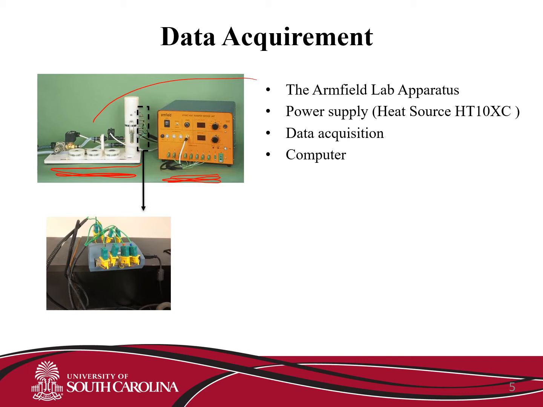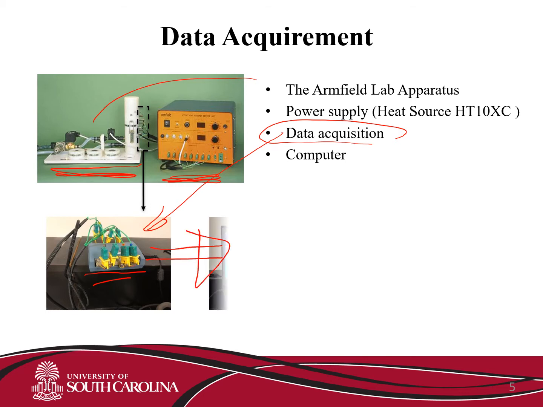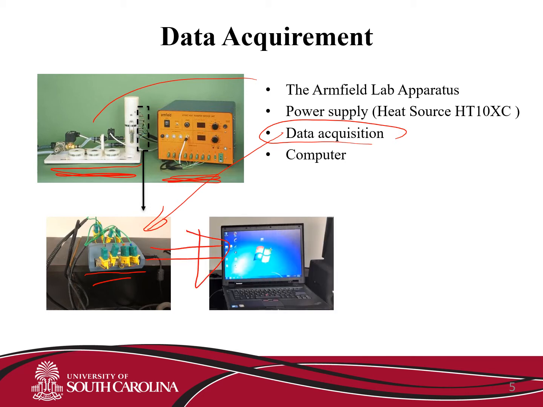Eight thermocouples are used to connect with the sample. These thermocouples connect to what is called a data acquisition unit. From the data acquisition unit, we connect to a LabVIEW program. From LabVIEW we record the data, the signal is sent to the program, and then you get a temperature.